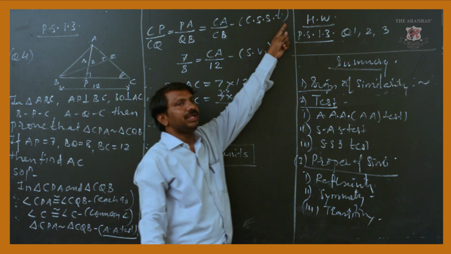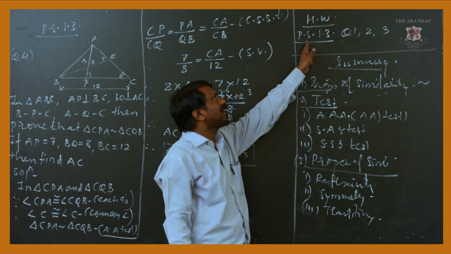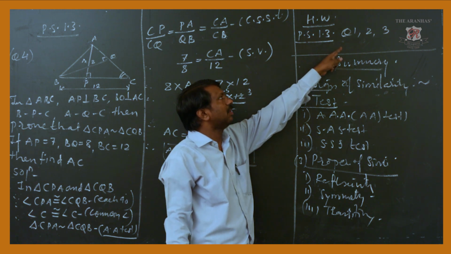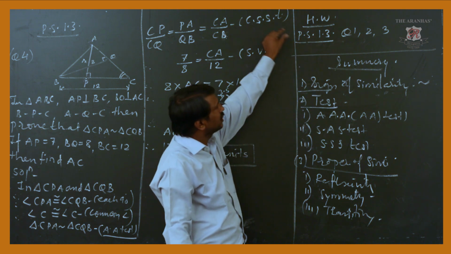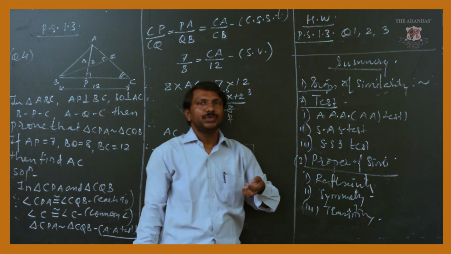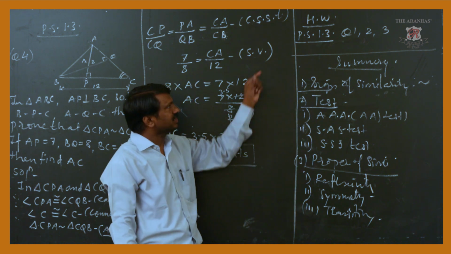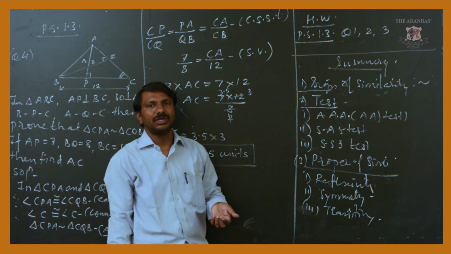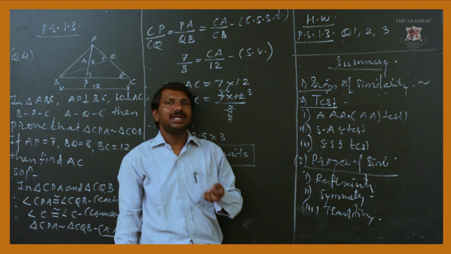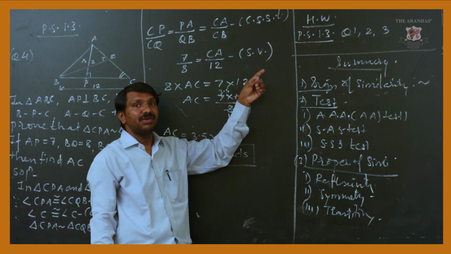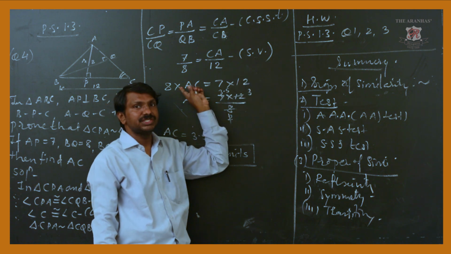So your homework: you can try some examples from practice set 1.3, question number 1 to 3, as well as some examples you will get in the problem set, which are similar to each other. Try to solve them. In the next session, I will take the remaining 3 marks examples which are very important related to this topic.